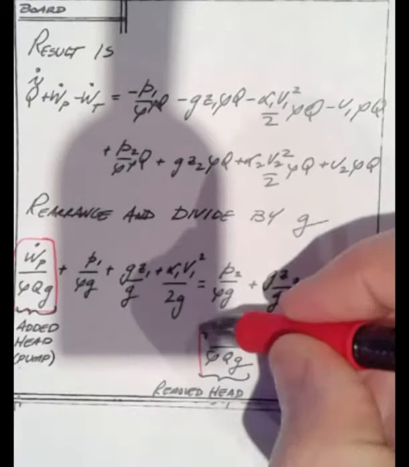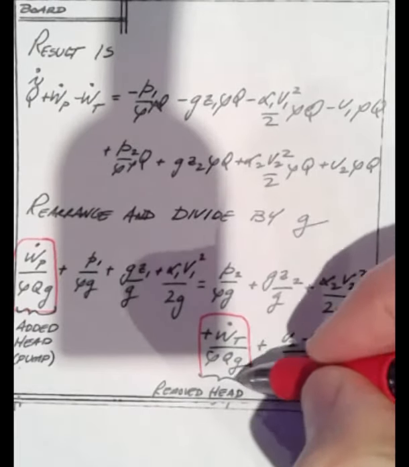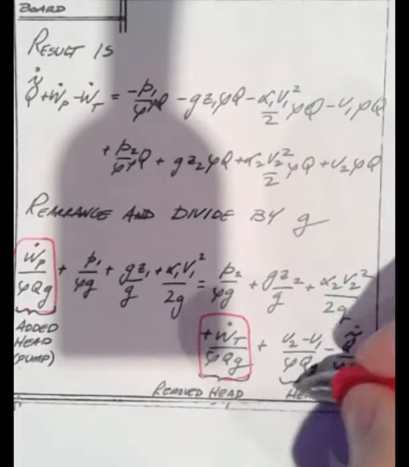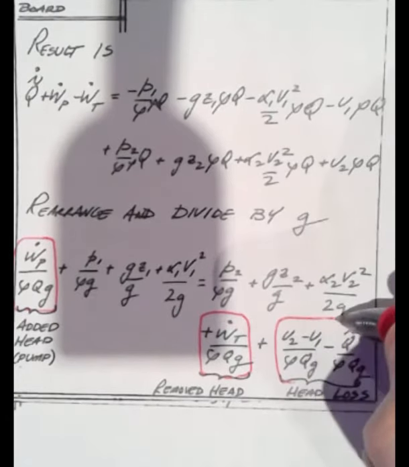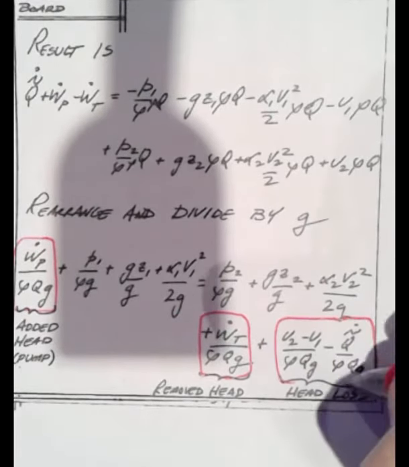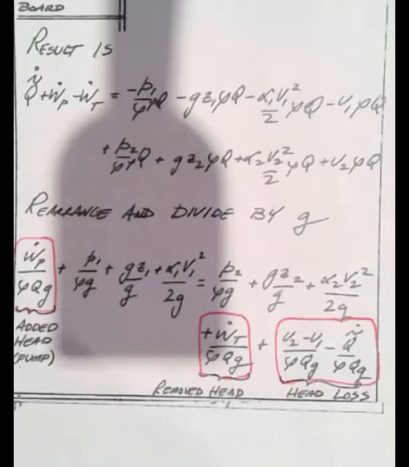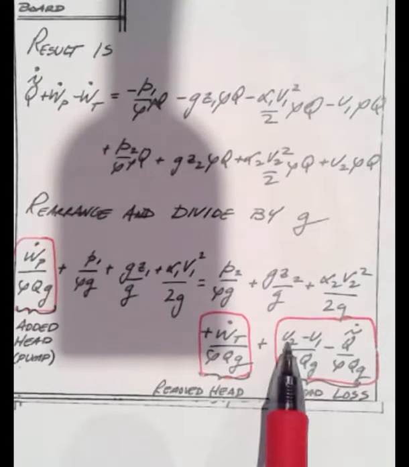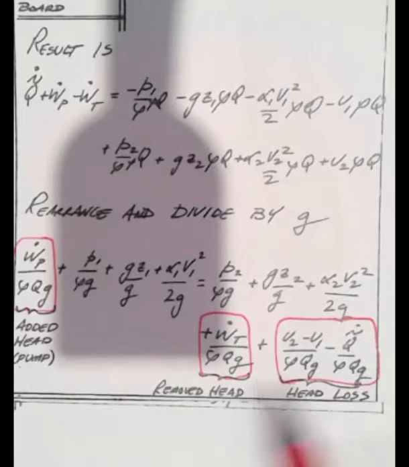This part here is the mechanical energy removed by the turbine. And this part here, for lack of any better thing to call it, is a loss term. So that's the head loss. It accounts for the changes in internal energy and heat flux. For the time being, think of that as frictional losses.